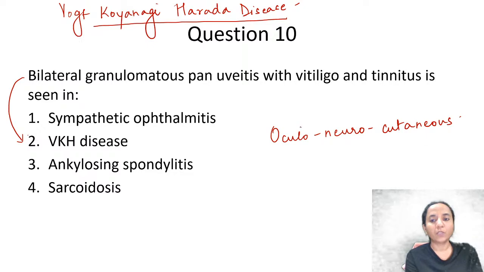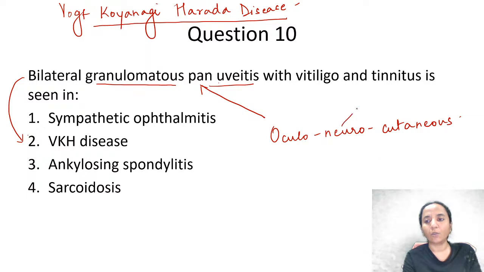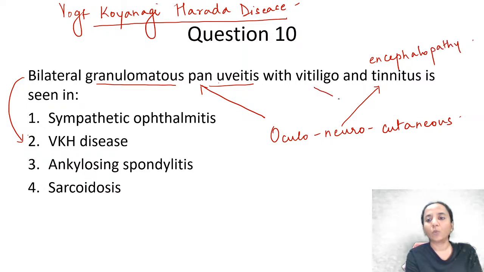The ocular feature is granulomatous panuveitis. The neurological features are tinnitus and encephalopathy. The cutaneous features are vitiligo, alopecia and poliosis.